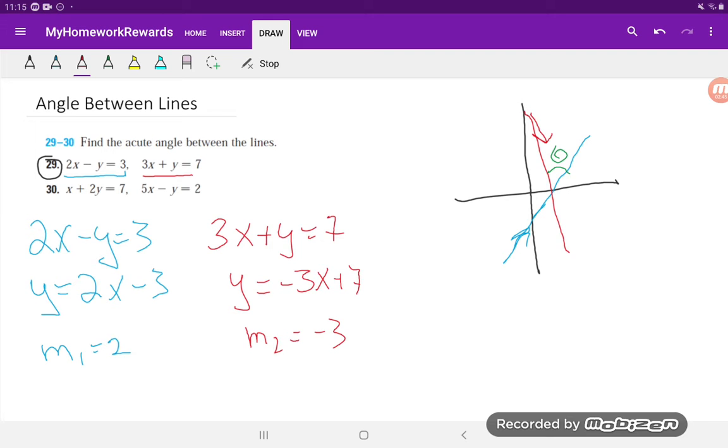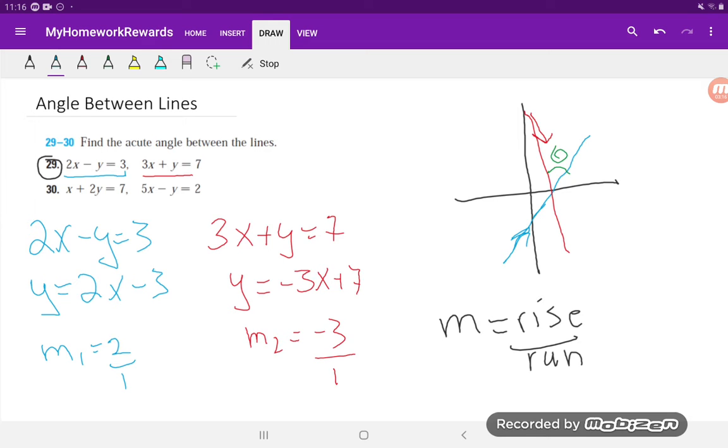So vectors, we're in 2D space, so we need an x and a y coordinate for these vectors. To get that, you can remember that the slope of a line is equal to the rise over the run. And the slopes over here are really divided by 1. We don't write them because it's pretty obvious. So for our first vector, we have a rise of 2 and a run of 1.